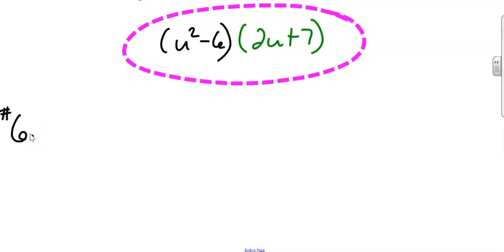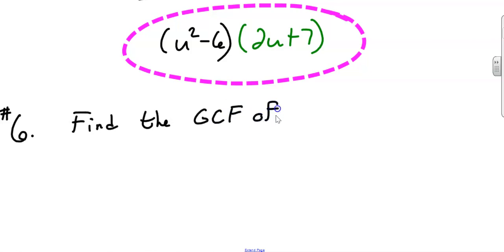Okay, number 6 changes gears just a little bit because this one says find the greatest common factor. Again, remember, you've got to key on the noun part and not on the adjective part.